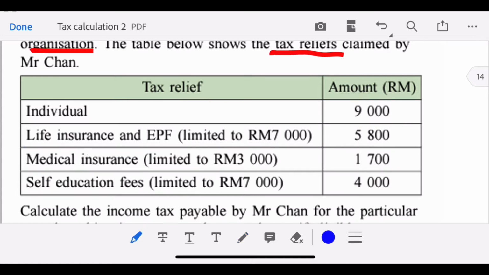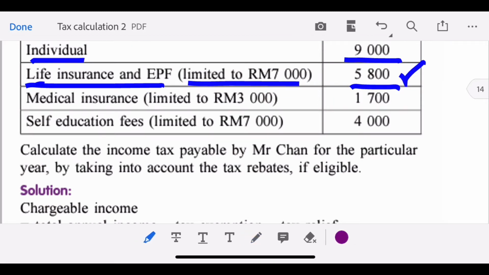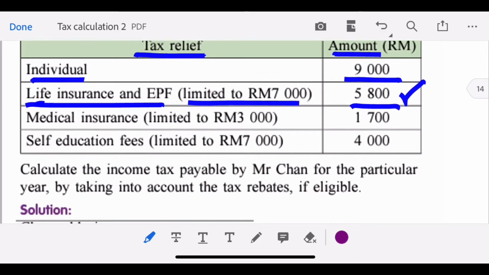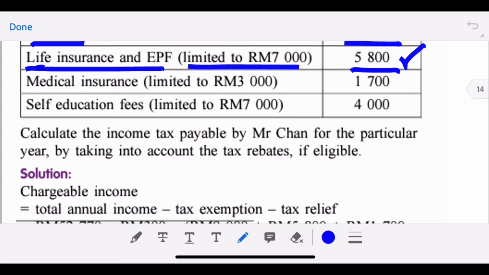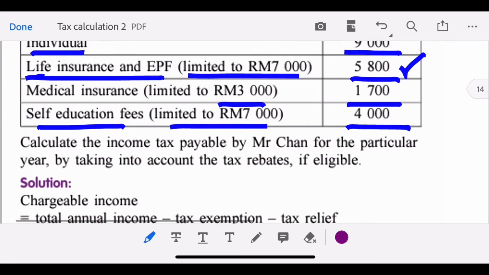So if less than 7,000, let's say 5,800, it still can be considered tax relief. Medical insurance limited to 3,000, so 1,700 is still below 3,000, and self-education fees is limited to 7,000, and the amount is 7,000 for Mr.